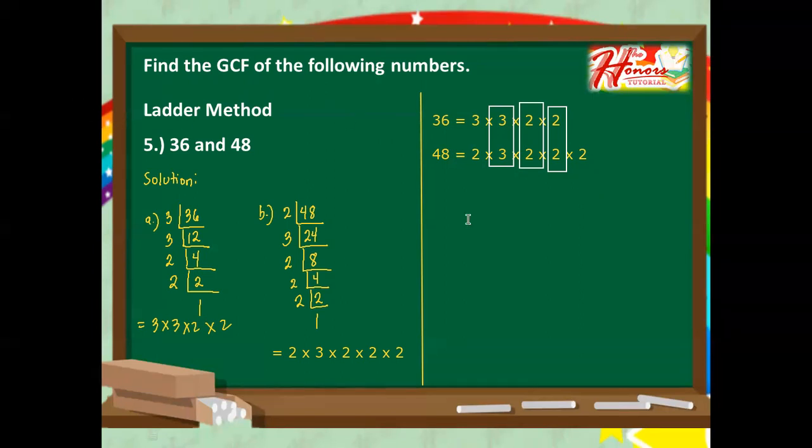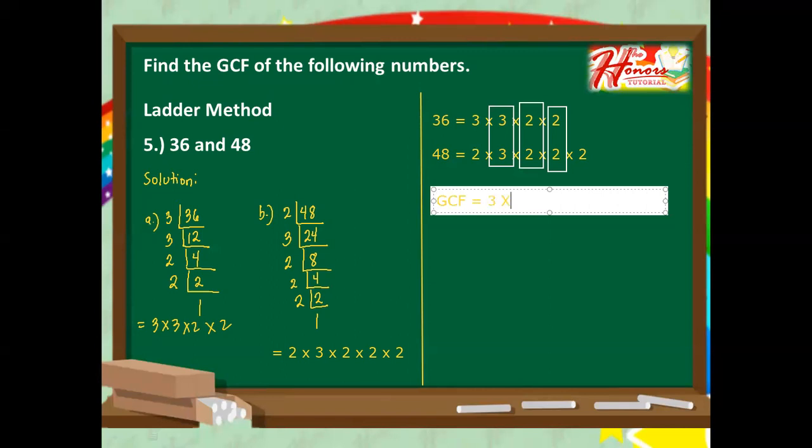So for the GCF, we have here 3 times 2 times 2. Per box, though we have 2 numbers per box, you will just write it once only.